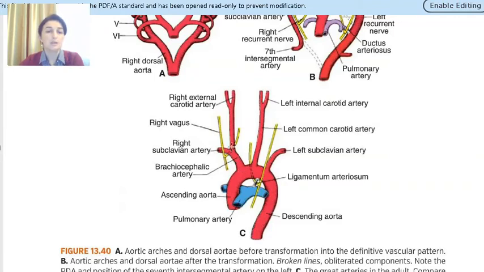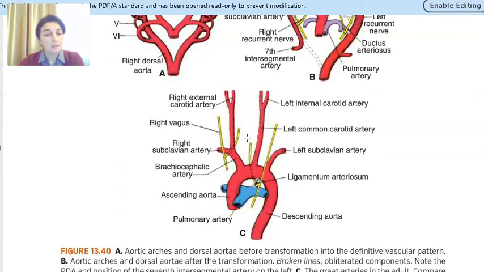The subclavian artery and common carotid artery will have the same level of origin from the aorta, and in the left side the same. So the position of the subclavian arteries will come upward, and also the common carotid arteries and subclavian arteries undergo elongation as a result of the change of position of the heart to the thoracic cavity.